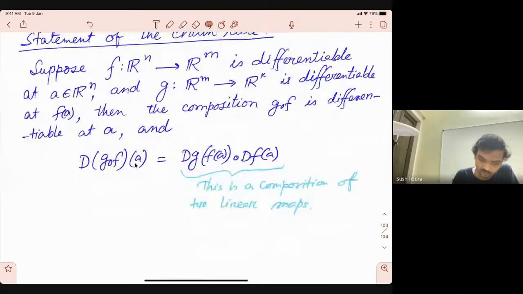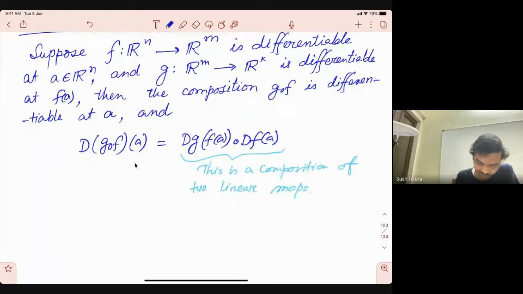Right. Now, can you tell me what will be the statement in terms of the matrix representation? Yeah, so the same thing. Now you have this one as a linear transformation, and this is a composition of two linear transformations.